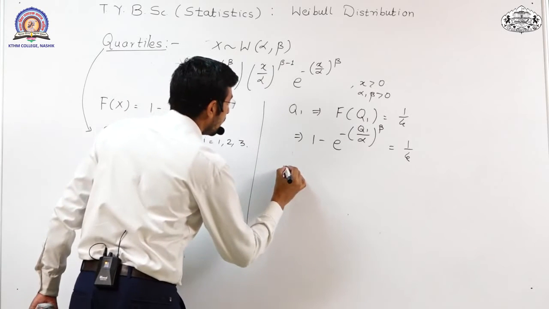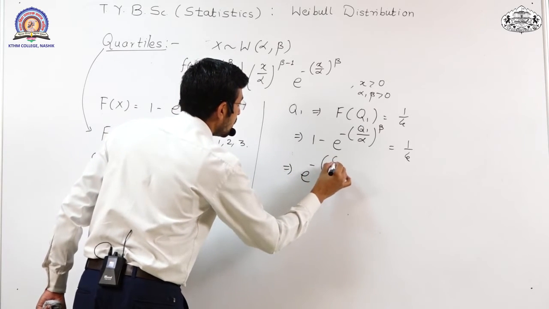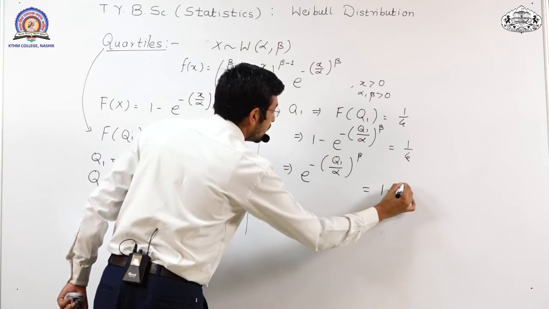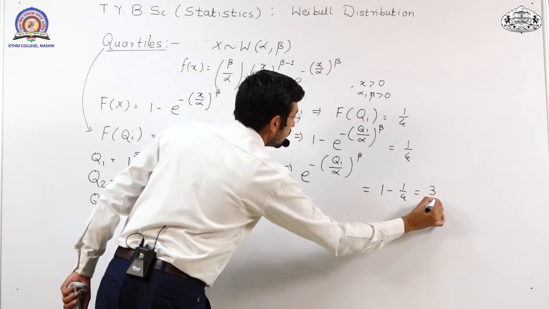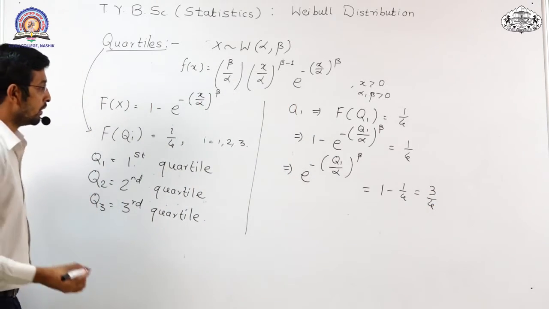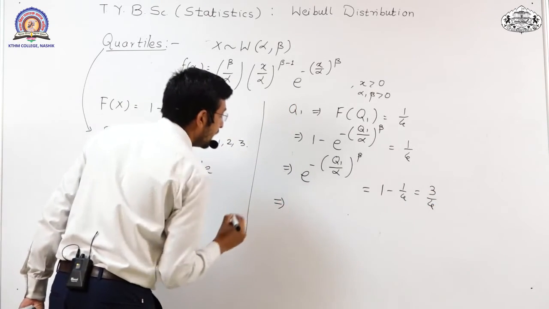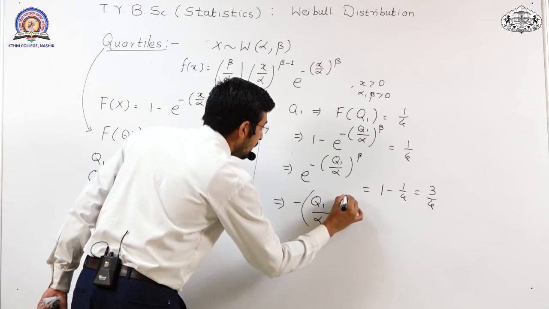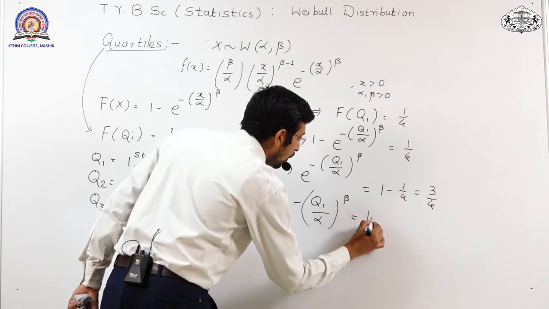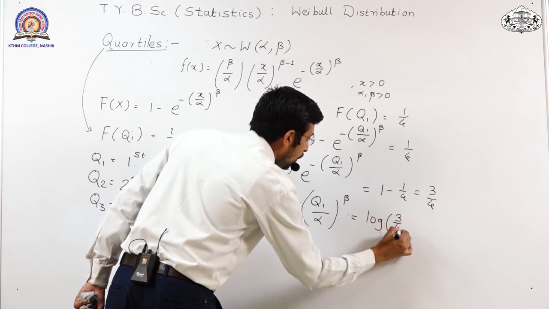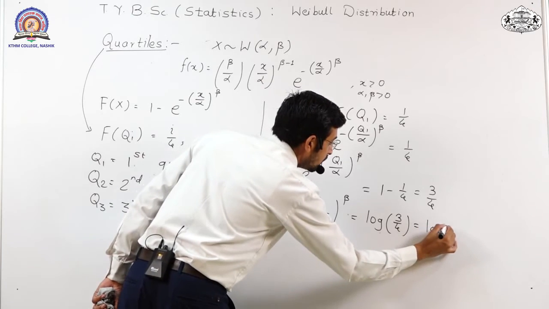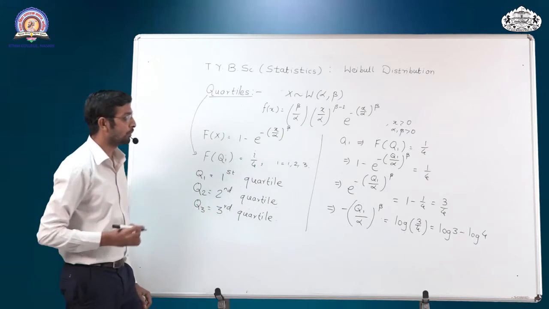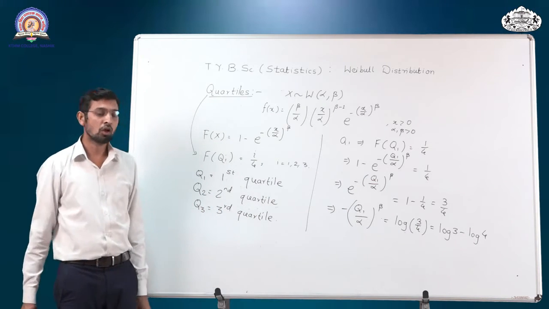So that means e raised to minus (q1 upon alpha) raised to beta is equal to 1 minus 1 by 4, which is equal to 3 by 4. Now taking log on both sides, we get minus (q1 upon alpha) raised to beta equal to log of 3 by 4, or we can write it as log of 3 minus log of 4, since log of a upon b is equal to log a minus log b.